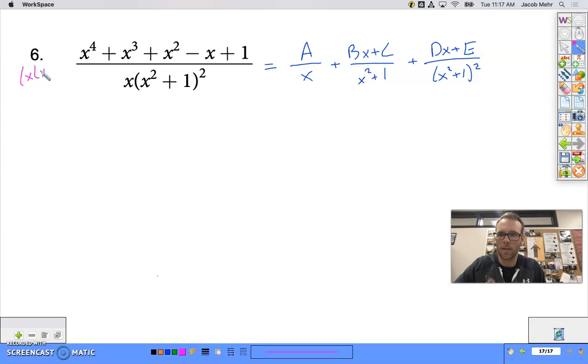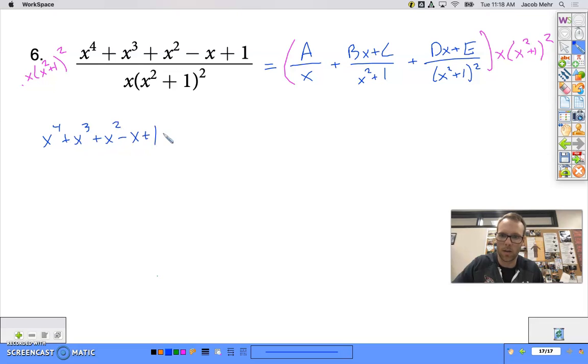Let's multiply by the LCD on both sides. X to the fourth, x cubed, x squared minus x plus 1. All right, distribute. X cancels. A times x squared plus 1 squared plus, x squared plus 1's cancel.